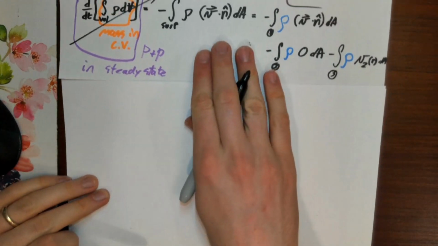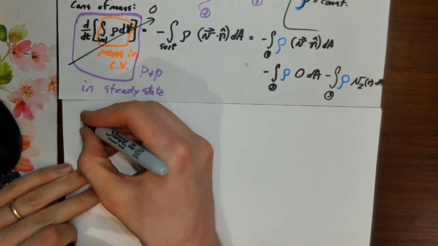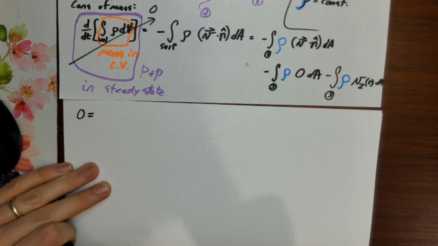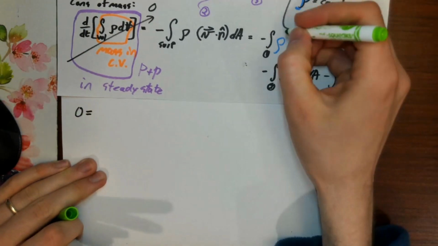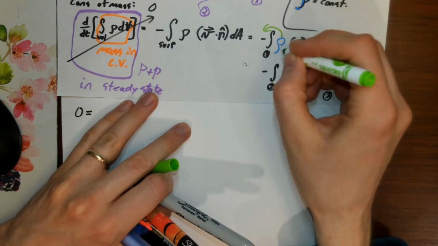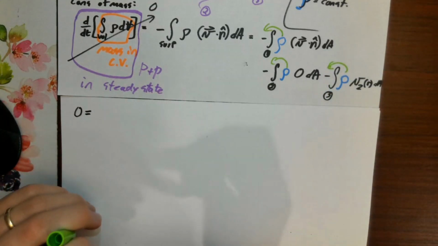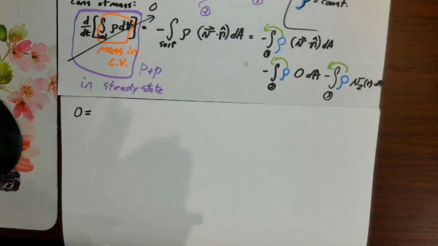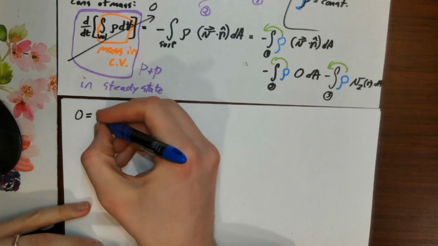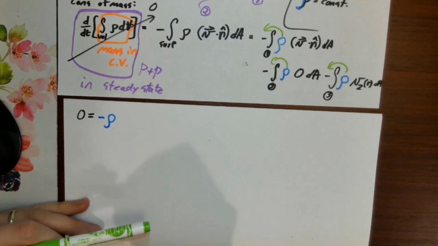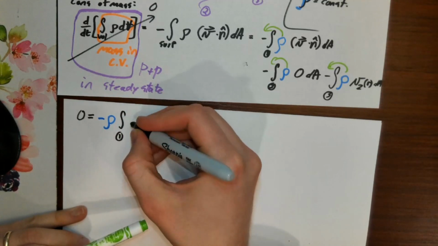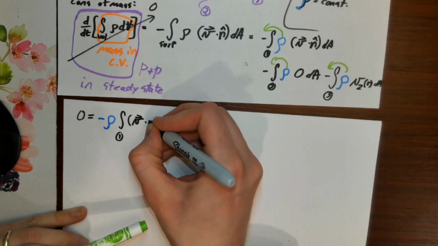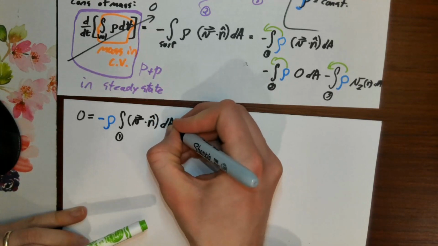So left-hand side, as we had earlier, is 0. And because rho is constant, remember, we can pull rho out of any of these integrals. So for surface 1, I have a minus rho out front, an integral over 1 of v dot n dA.